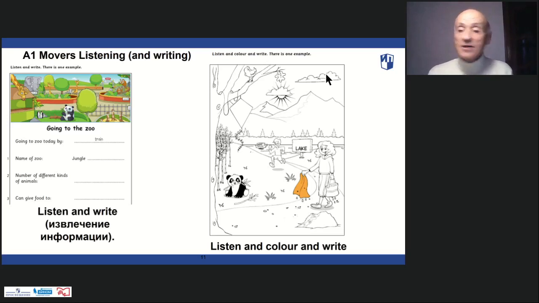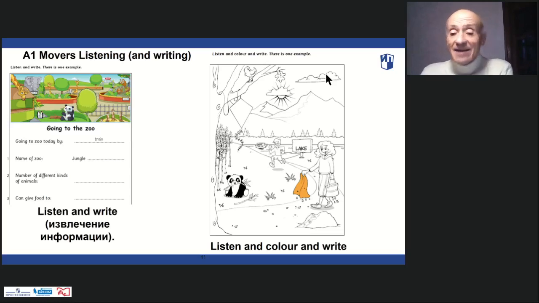Number of different kinds of animals, and again they've got to extract some information about the animals that are present in the zoo, and what animals can children give food to, can visitors give food to. And again they write very short answers, thus creating the picture of what they've got from the text.